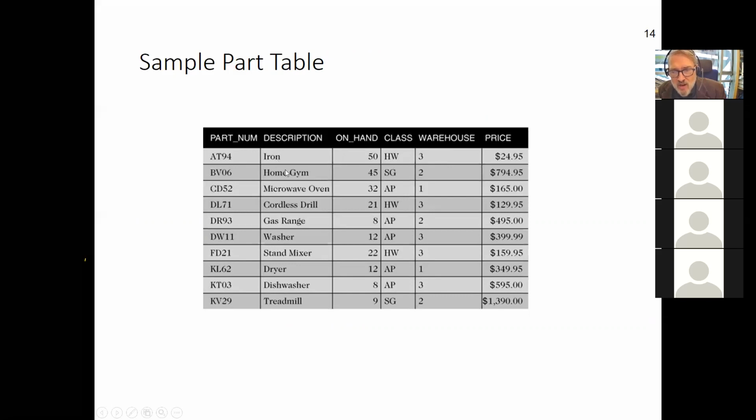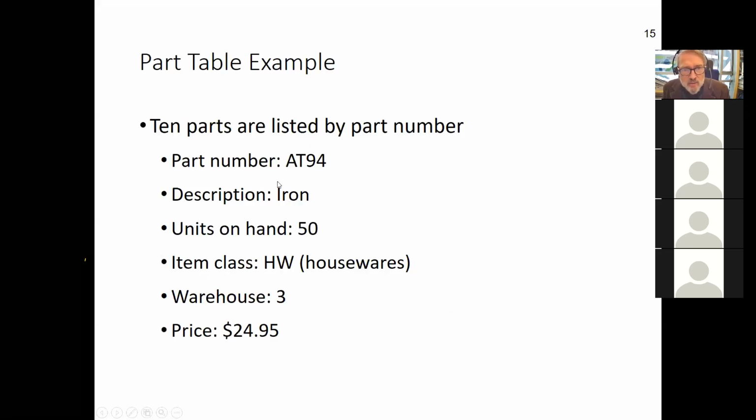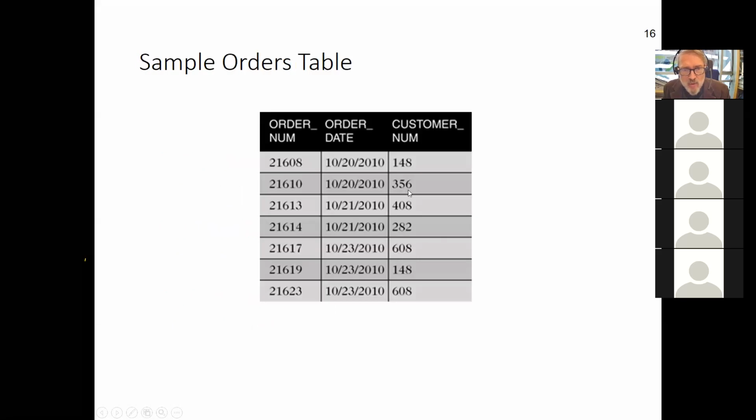Some of that stuff is not going to change very much, like description and class and price probably won't change too much, but you would find that the number on hand would have to be updated regularly. Every time you sold one or bought one, you'd have to update it. Right, so that's the part table, and there's an example of a record.